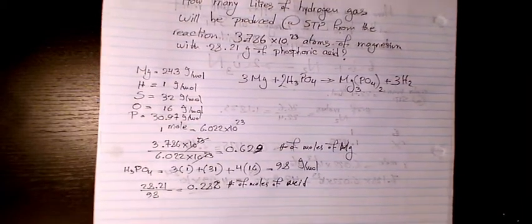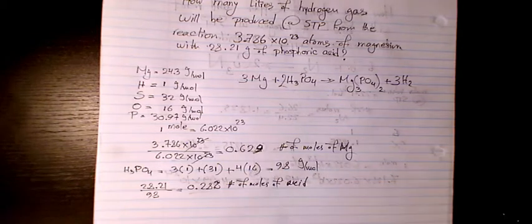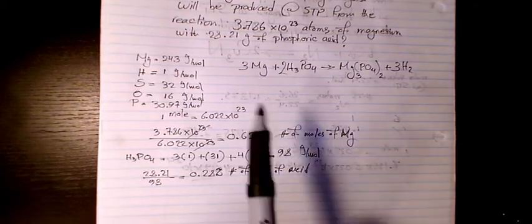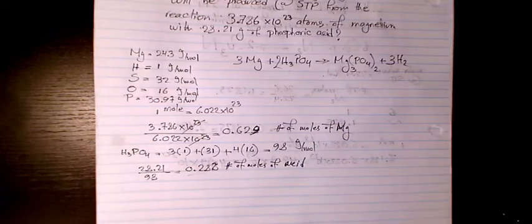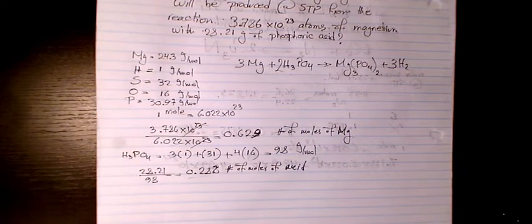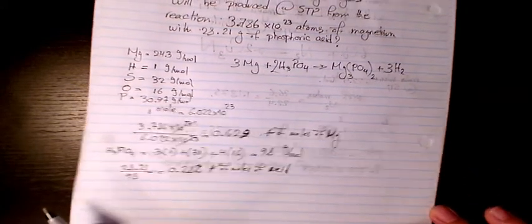Okay, so now we need to look at the ratio to find out which one is the limiting reactant and which one is in excess. If we have 3 moles of magnesium, it will react with 2 moles of acid. So it means that the number of moles of magnesium must be 1.5 times the number of moles of acid. Here the number of moles of acid is 0.288, and the number of moles of Mg is 0.629.